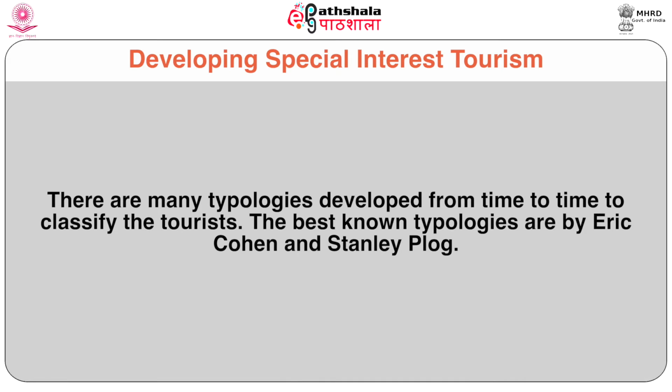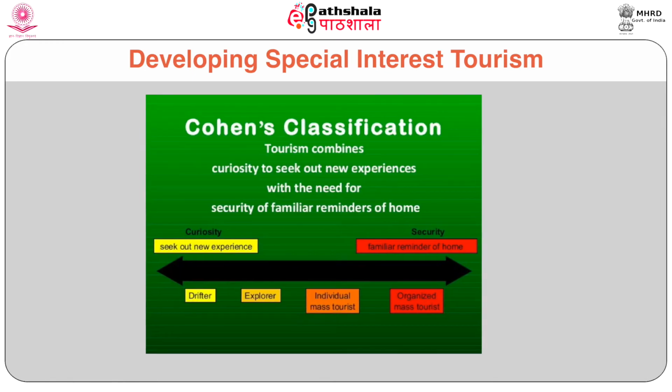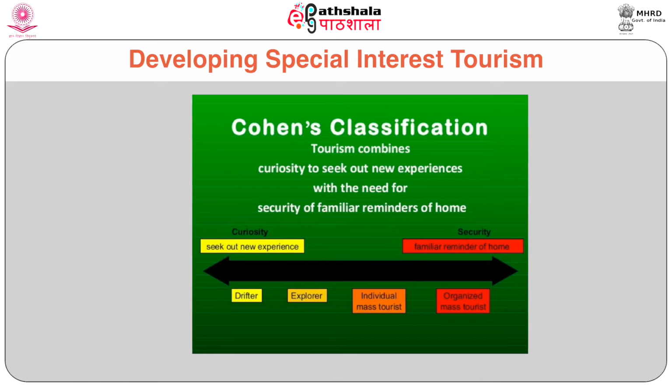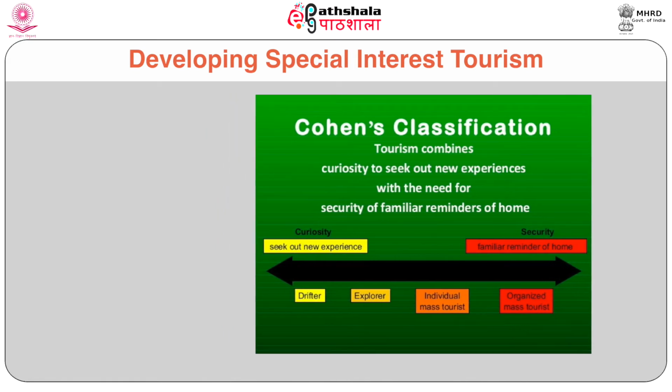There are many typologies developed from time to time to classify tourists. The best known typologies are given by Professor Eric Cohen and Stanley Plog. Eric Cohen classified tourists according to the nature of the environment they prefer.